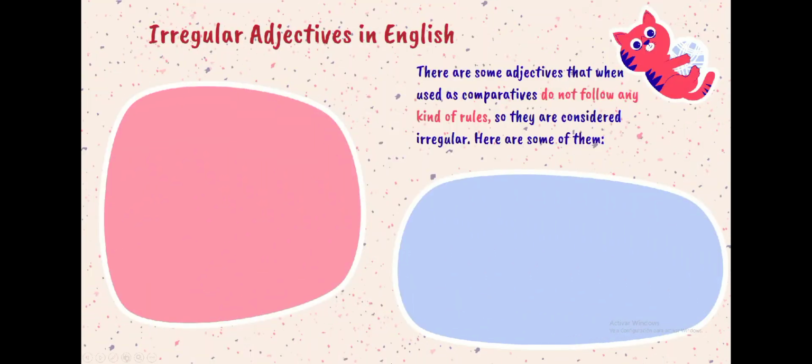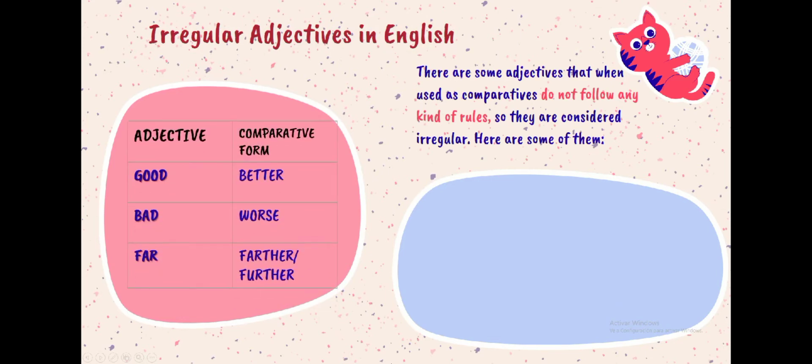Irregular adjectives in English. There are some adjectives that, when used as comparatives, do not follow any kind of rules, so they are considered irregulars. Here are some of them. Let's see: table, adjective good, comparative form better; bad, comparative form worse; adjective far, comparative form farther or further.